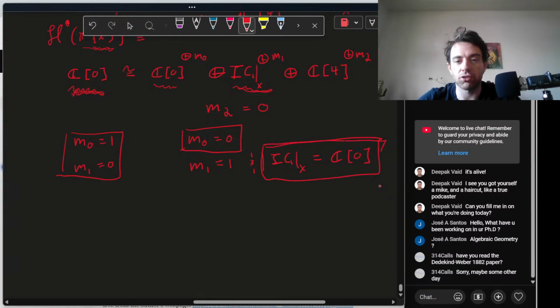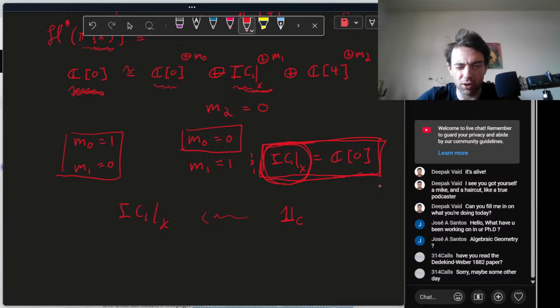So yay, that has helped us. This is some mysterious complex of sheaves, but now we know that whatever it is, it has a copy of the constant local system on C1 in its degree 0 component.